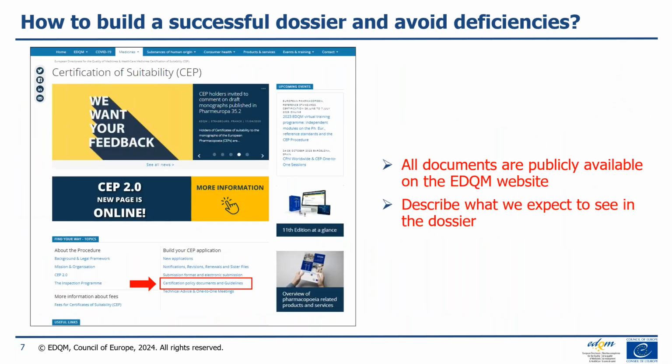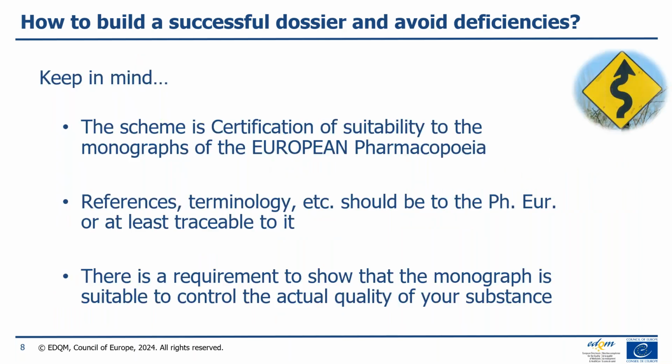All these documents are publicly available on our website. You can see the little arrow in red in this place, which we call Certification Policy Documents and Guidelines. And here you can find all kinds of documents for all kinds of your questions. These documents describe what we expect to see when you come with an application to us.